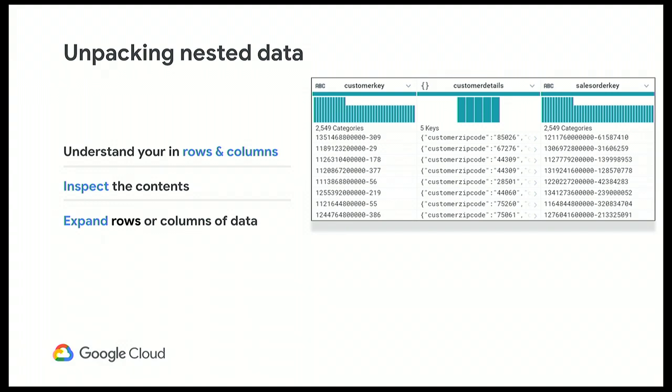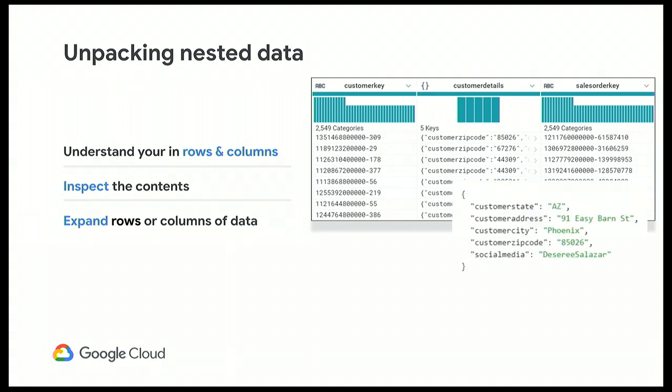You'll see that automatically show up here, and then the rest of the data broken out from there. Now, the nice part about this is that because data prep has understood this as a nested value, it actually can help you inspect the contents by simply clicking on it, and you'll be able to see the individual elements nicely formatted.